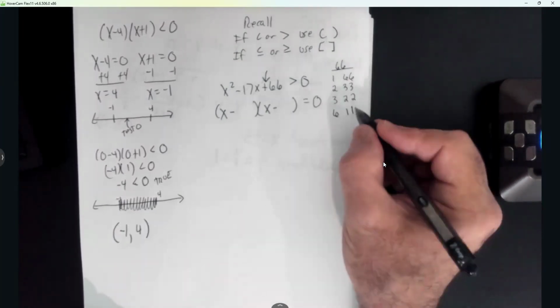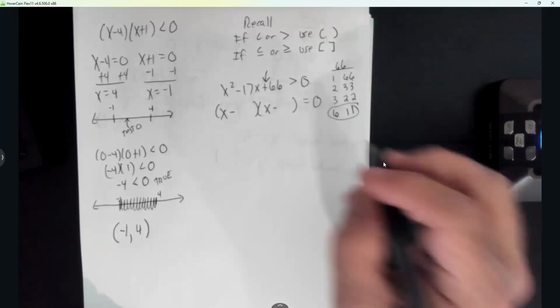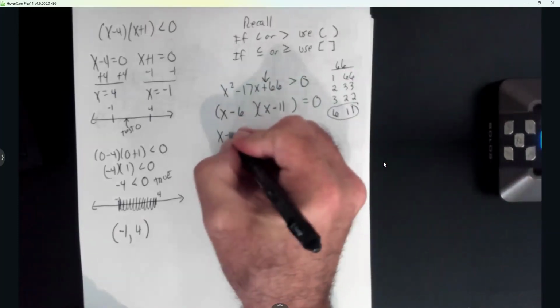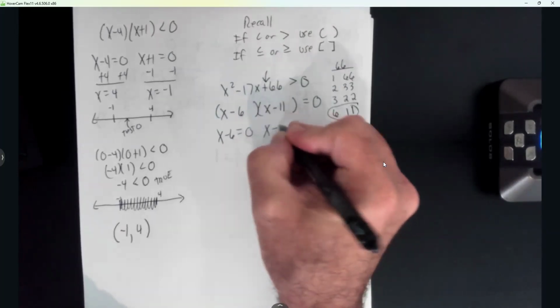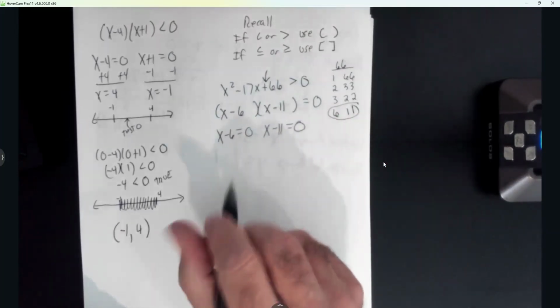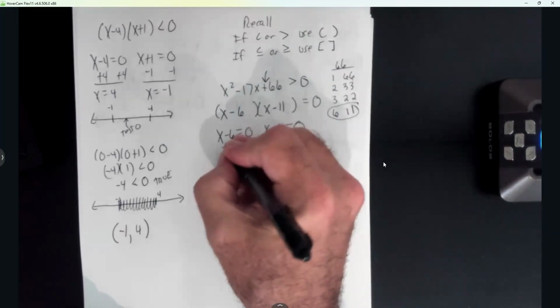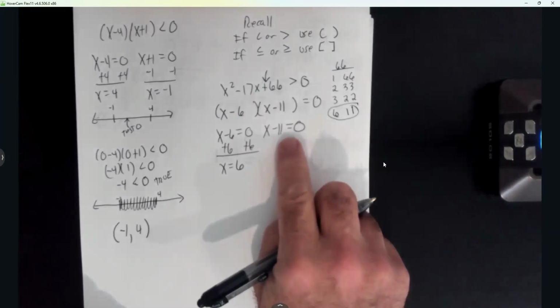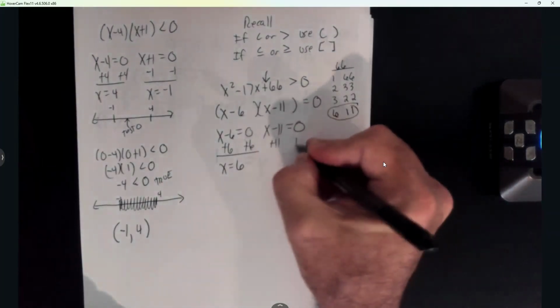So one of these adds to get 17, and that would be 6 and 11. All right, now set both of them equal to 0 and solve. So y'all, my first one, I'm going to add 6 to both sides. Our second one, we're going to add 11 to both sides.